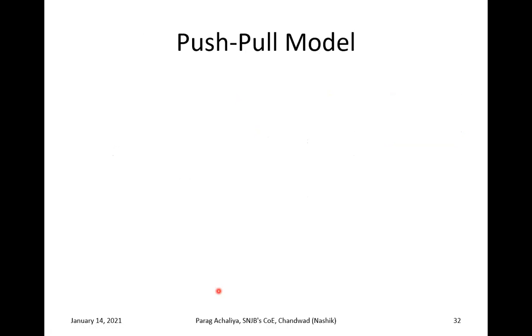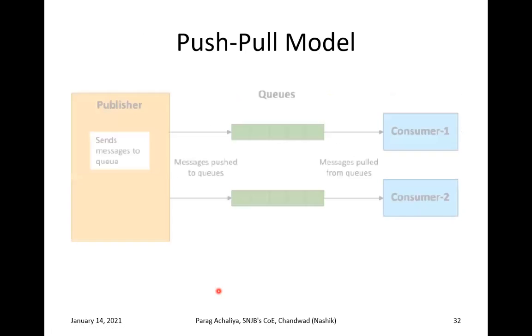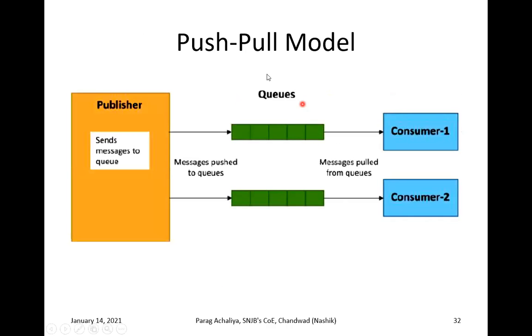The next model is your push pull model. When you are talking about push and pull, there will be the queue. Remember this. The publisher will send the message to the consumer through a queue. If I wish to send messages to consumer 1, let's say I want to send 4 messages.